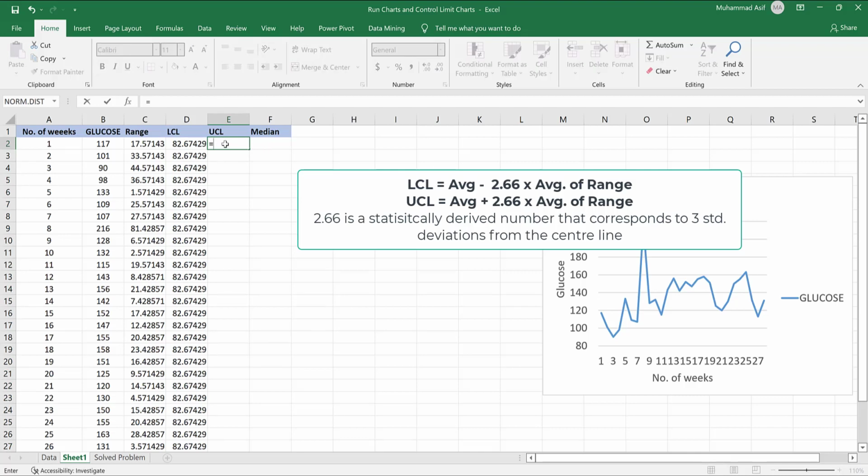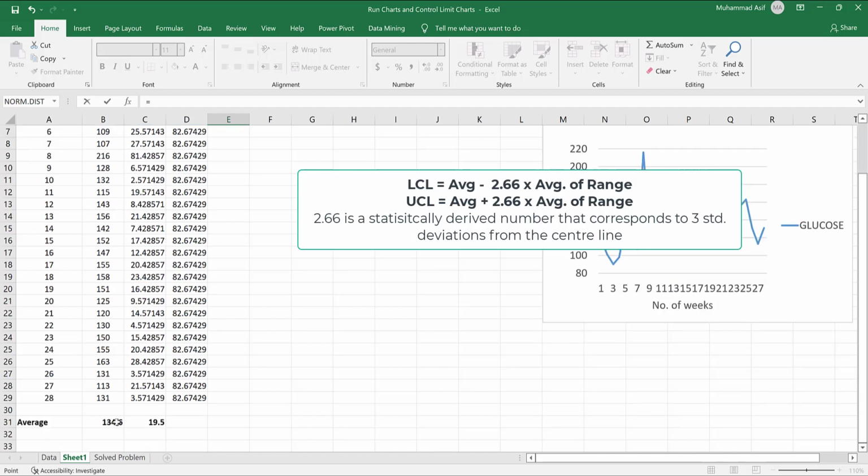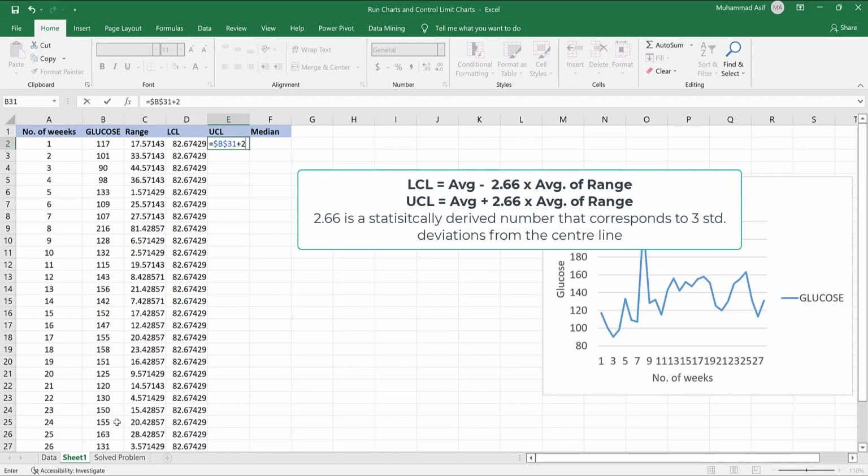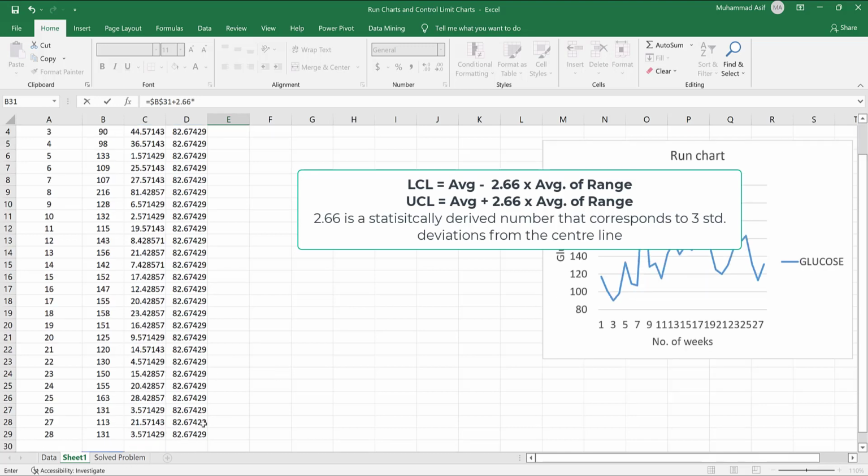and the upper control limit will be exactly the same thing, with the only difference that the negative sign will be replaced with a positive sign. So the upper control limit is equal to average, F4 locked, plus 2.66 multiplied by the average of the range, that's also locked.